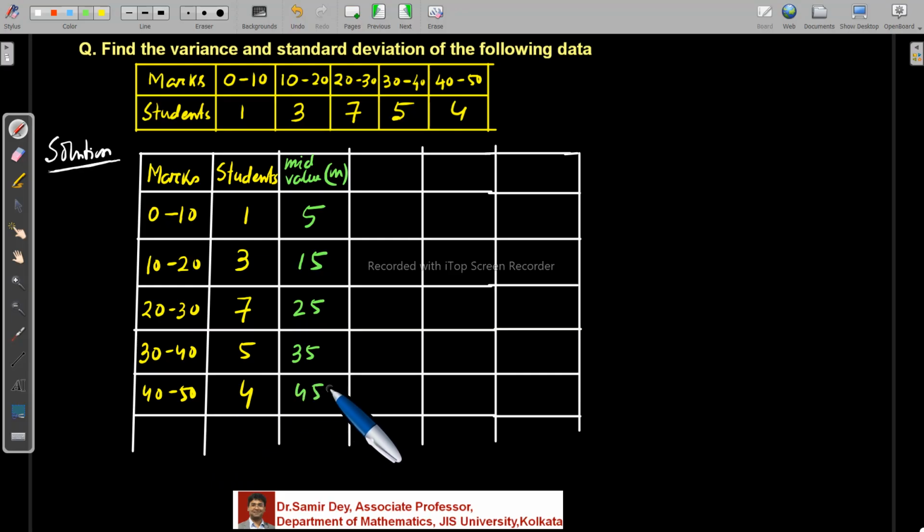Now I think it is clear to everyone how to find the mid value. Here I have considered the mid value as m.